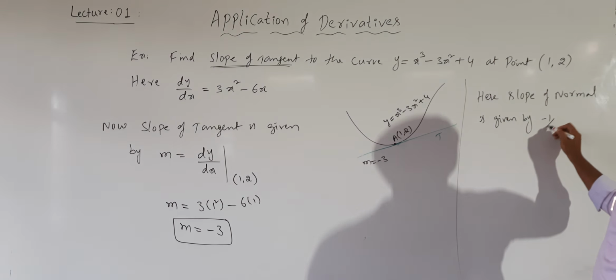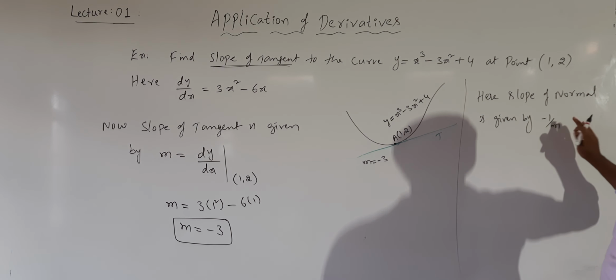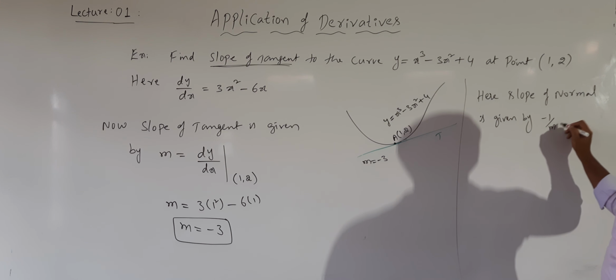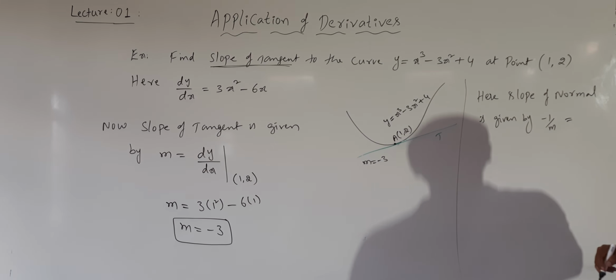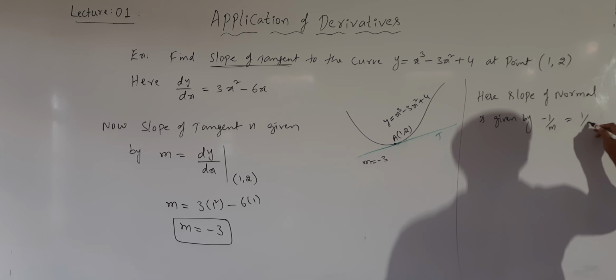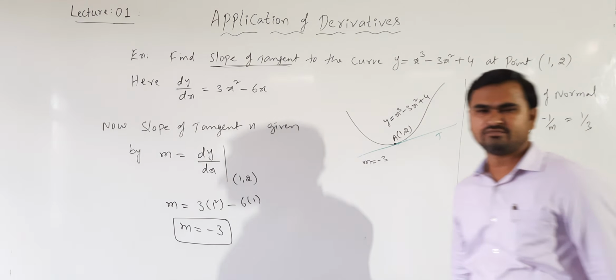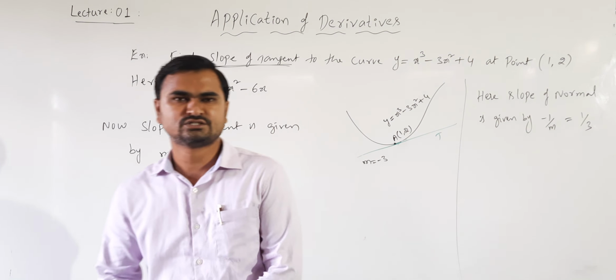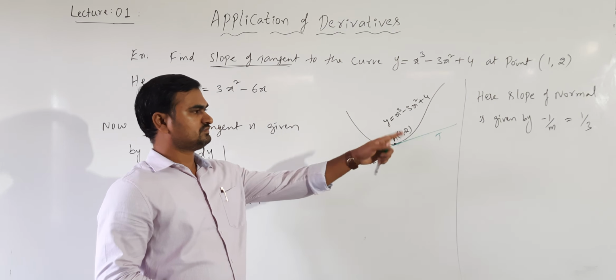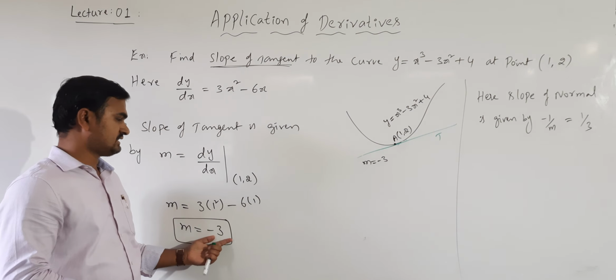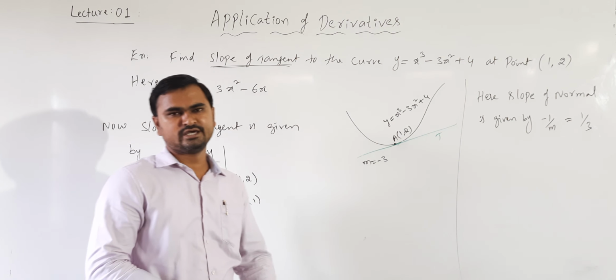It is minus 1 by m, which is equal to minus 1 by minus 3. So it is 1 by 3. So slope of tangent is minus 3 and slope of normal is 1 by 3.